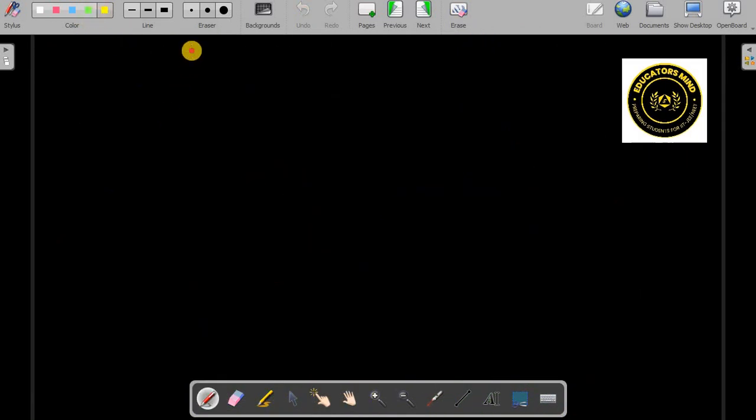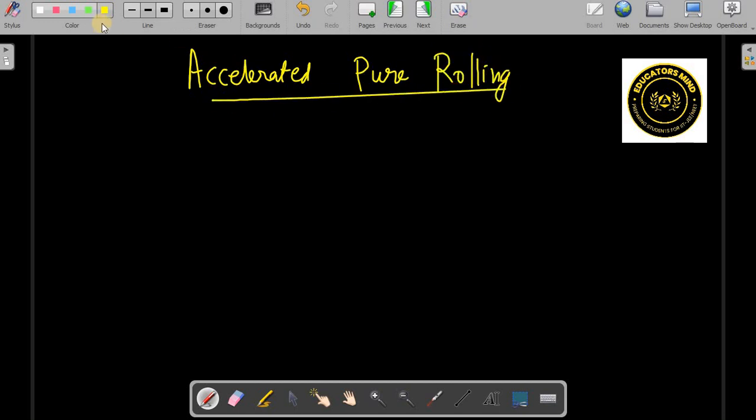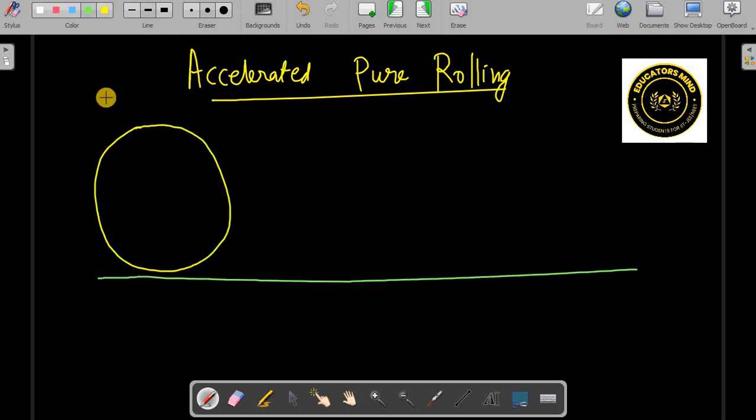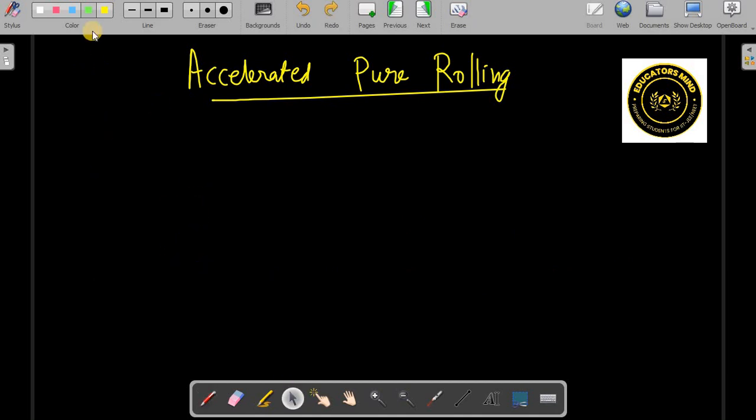Now we'll understand accelerated pure rolling. Accelerated pure rolling means the object is a round object, again any round object it can be, and here also you can consider the same approach.